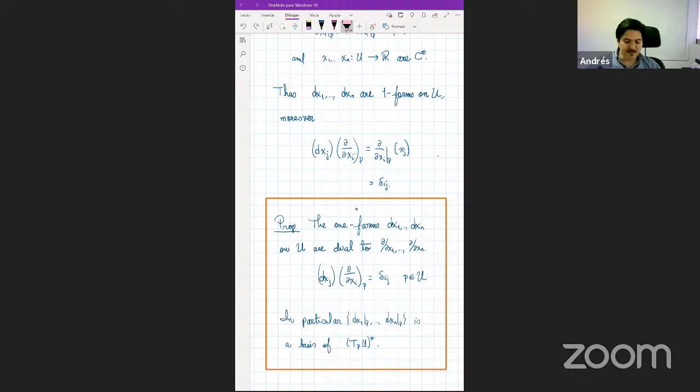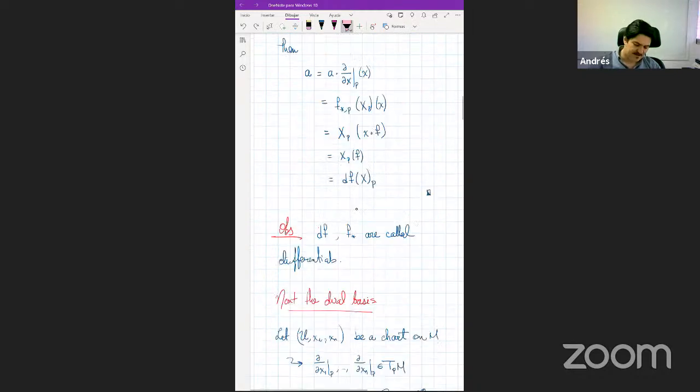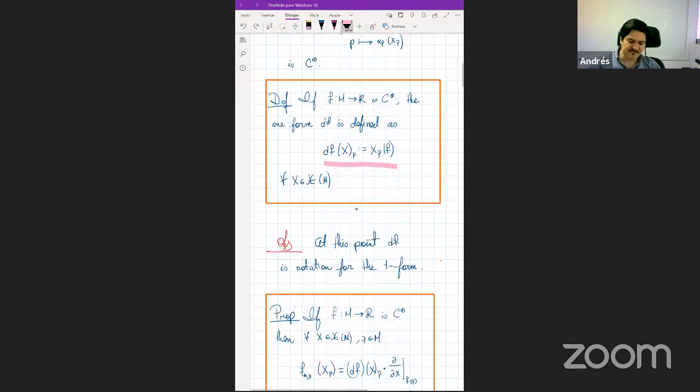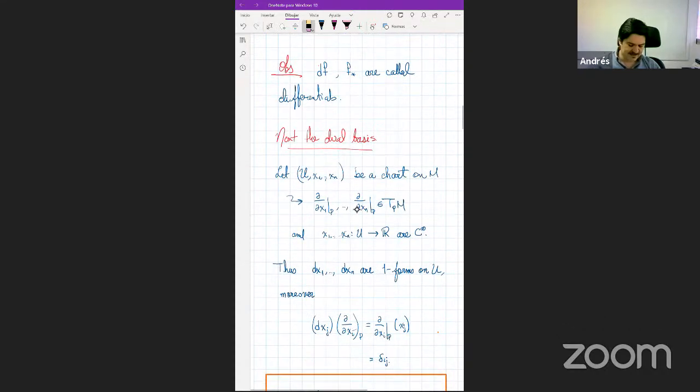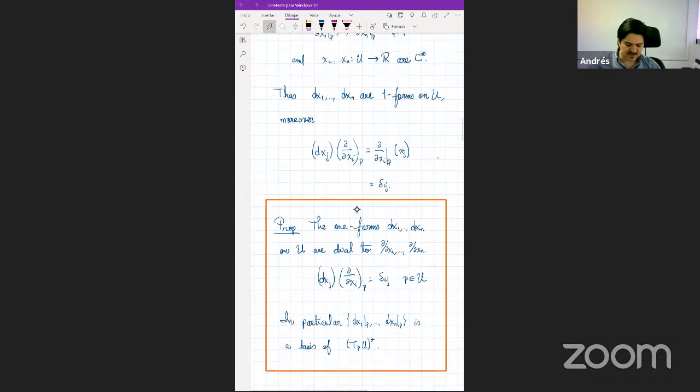Again, that's why also we make this definition. So the whole purpose of this definition and working with one forms and not arbitrary K forms is to have these one forms and they will be our building blocks.